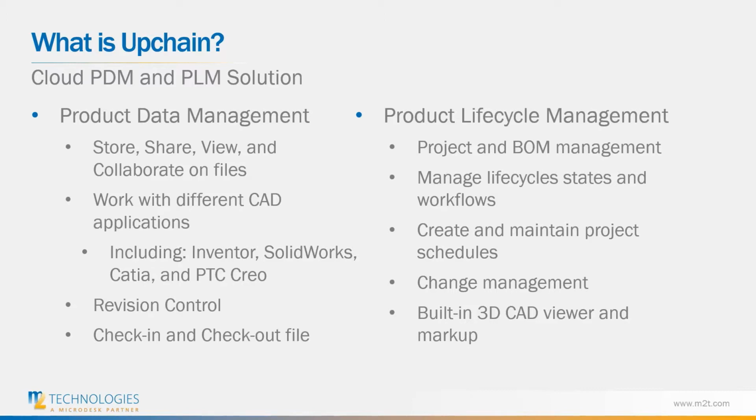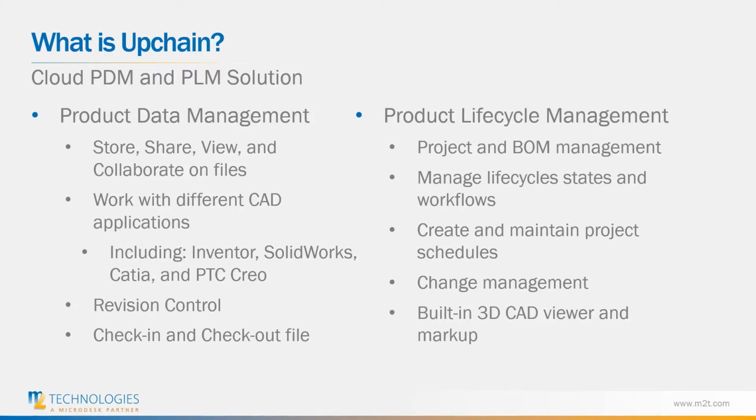For product data management, this means you can store, share, view, and collaborate on CAD files and other file documents all in one place. You can work directly with different CAD applications. This includes leading CAD apps like Inventor, SolidWorks, CATIA, and PTC Creo.